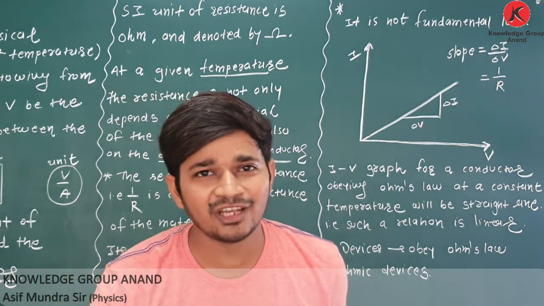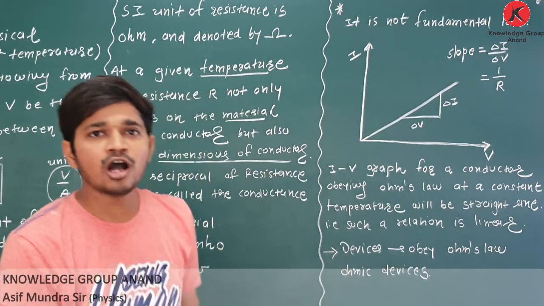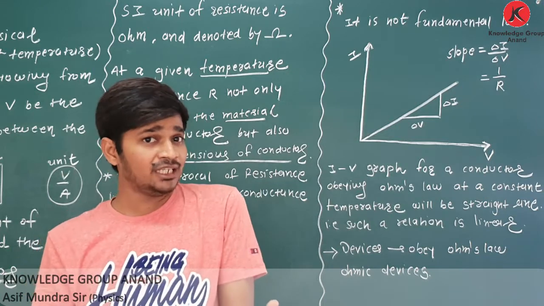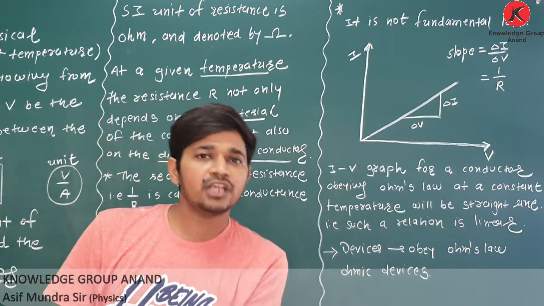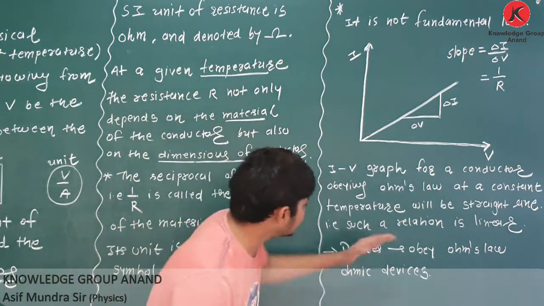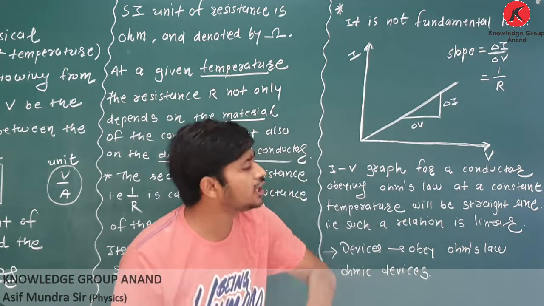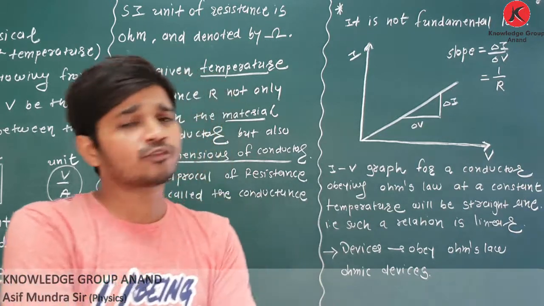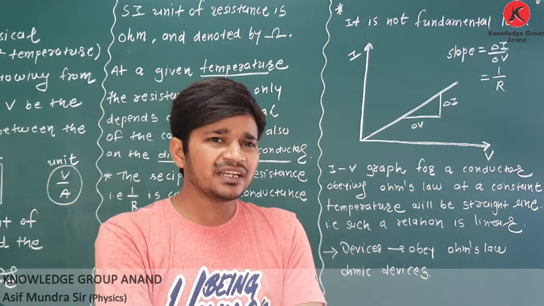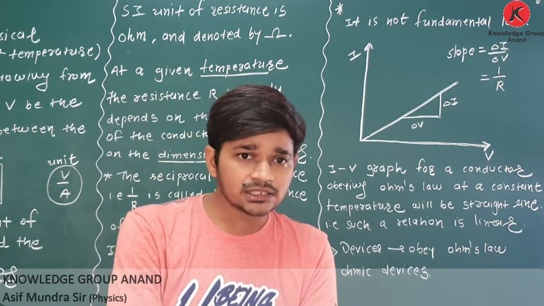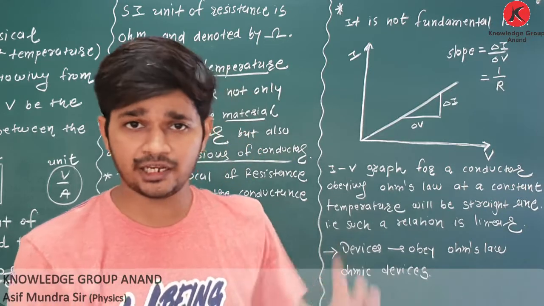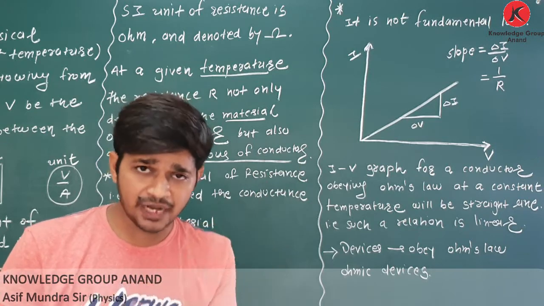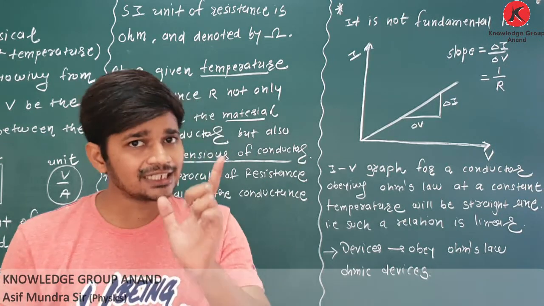So if the IV graph is a straight line, it means the device obeys Ohm's law, and devices which obey Ohm's law are called ohmic devices. If I ask you an MCQ, for ohmic devices the IV graph is, your answer is a straight line.